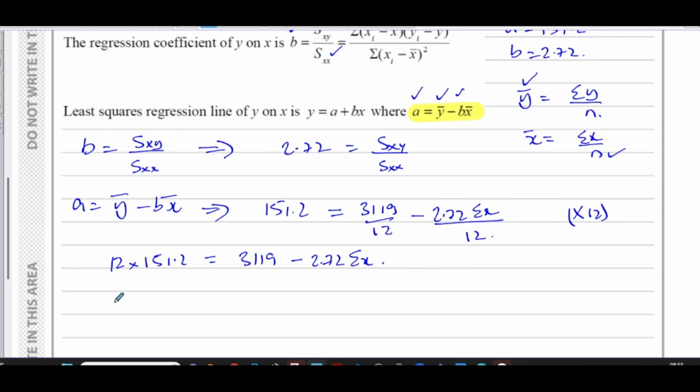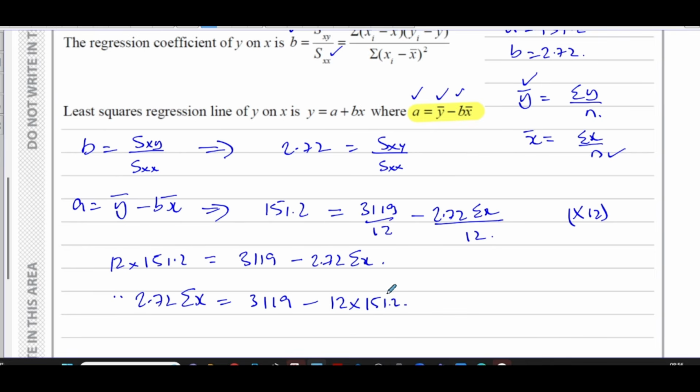Okay, so I have 12 times 151.2; in fact, I'll have to do it the other way around. I will add this to both sides, and I'll subtract this from both sides. So I'll end up with 2.72 times the sum of x is equal to 3,119 minus 12 times 151.2.